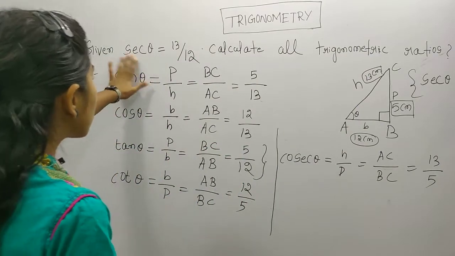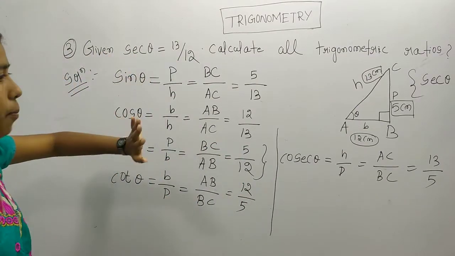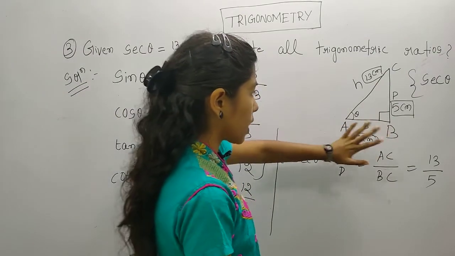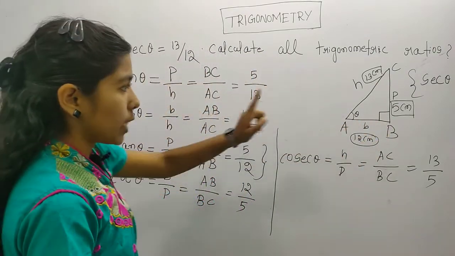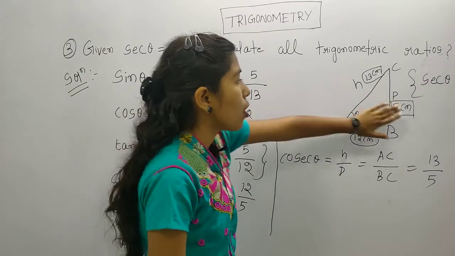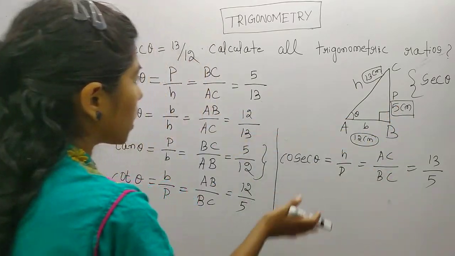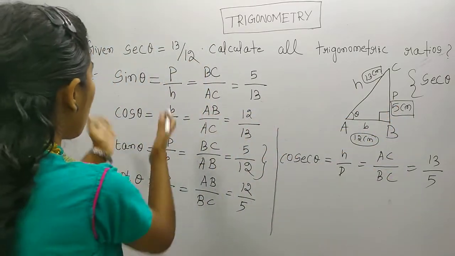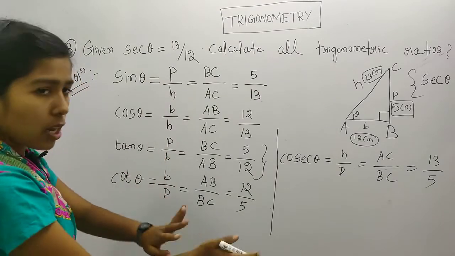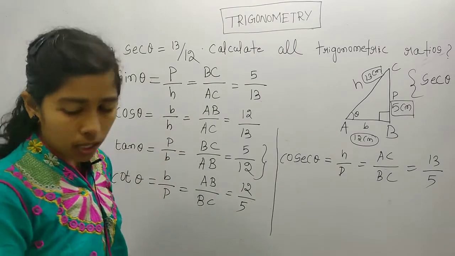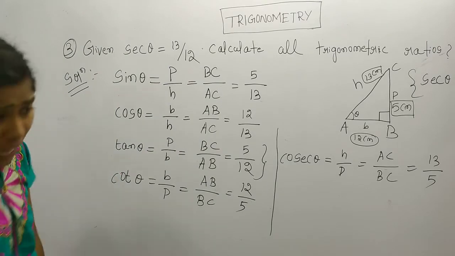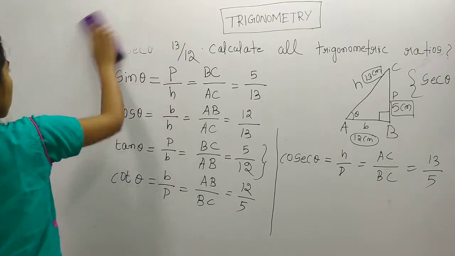See, here the question is given sec theta. So first we drew sec theta, means H by B. Then we brought the perpendicular. After completing the triangle, we brought all trigonometric ratios. Clear? Next, move to the next question.